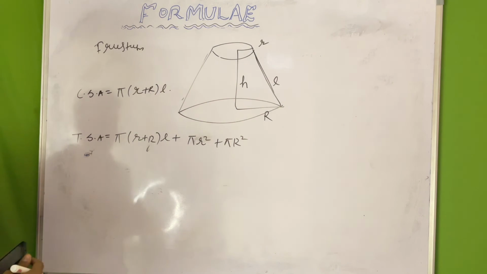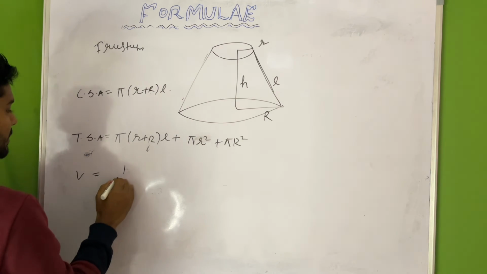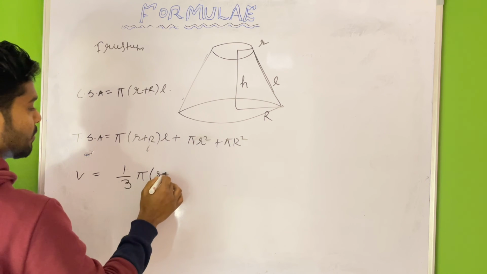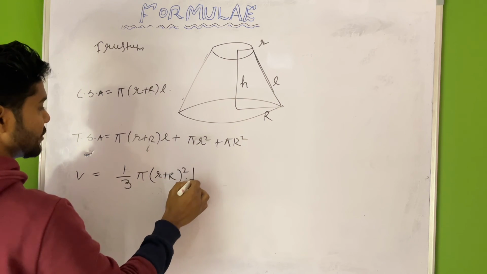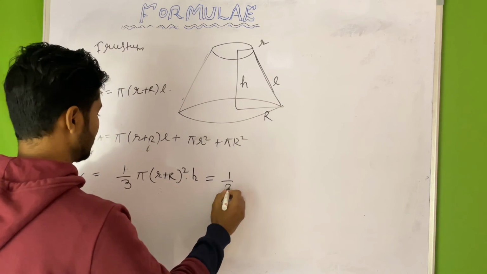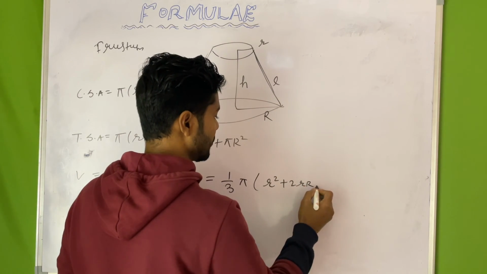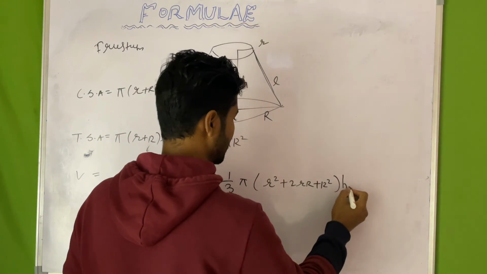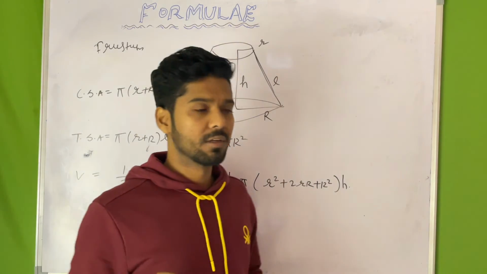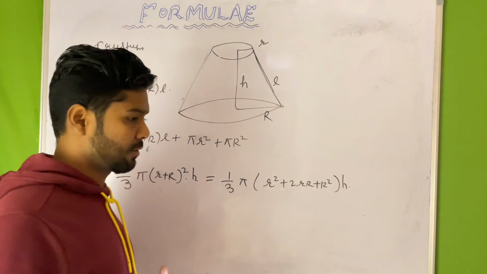This is TSA of frustum, and volume equals 1 by 3 of pi (r square plus R square plus r R) into H. So we can simplify it as 1 by 3 pi h (r square plus R square plus rR). This is frustum. I don't think they will ask questions from this formula, but I have written it because it is given in your book.